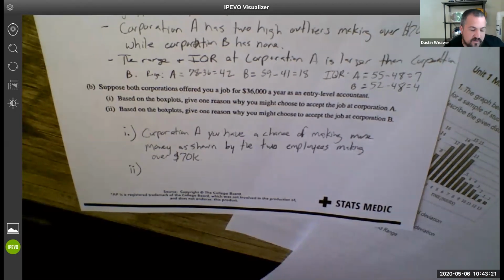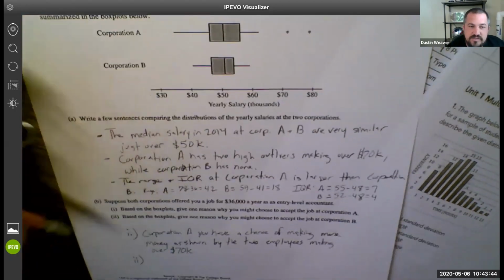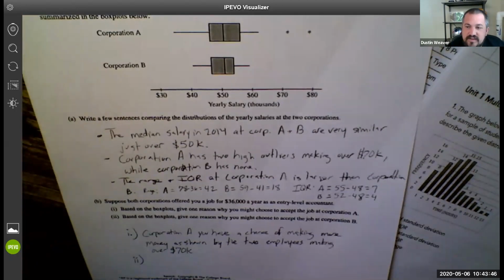So at Corporation B, all of its employees are making a more consistent amount, but there's something that it offers, and it's something about the low salary. What is the minimum at Corporation A? If you're looking at this box plot, what does it look like it is?